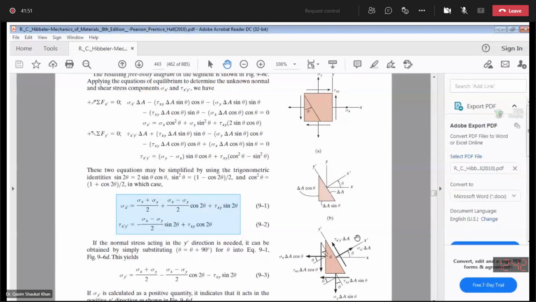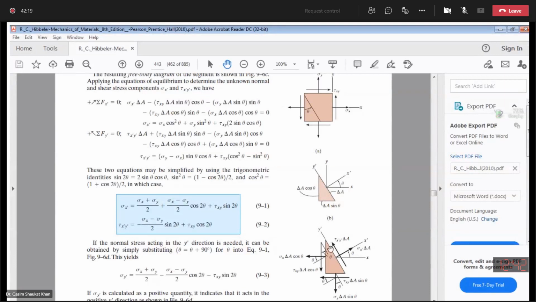Then the resultant normal stress is sigma x dash, which is acting along the x dash axis, and we multiply it with delta A to convert the normal stress into normal force. Then along the y dash axis, you have tau x dash y dash.